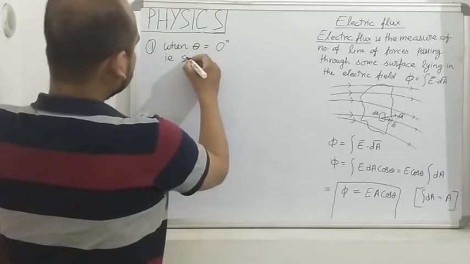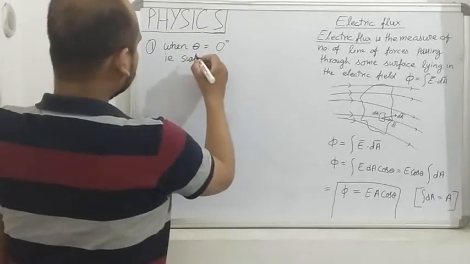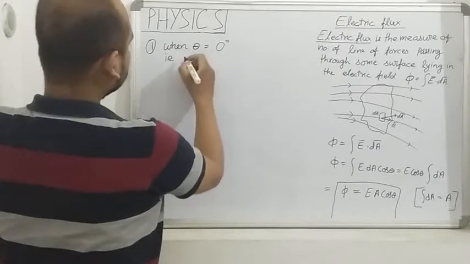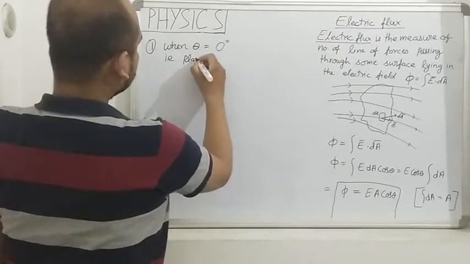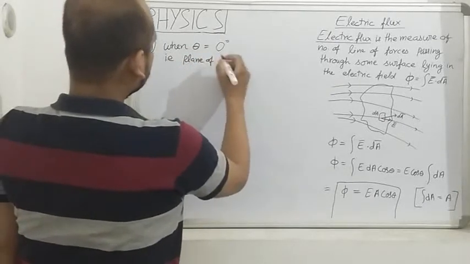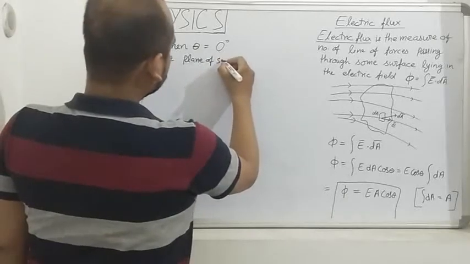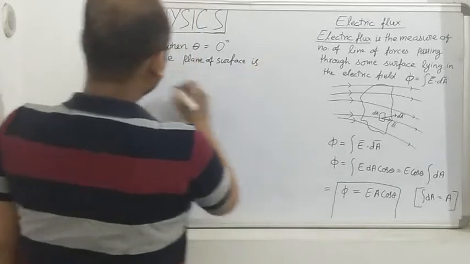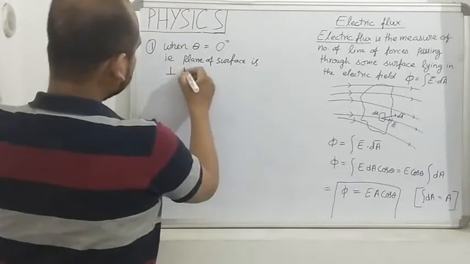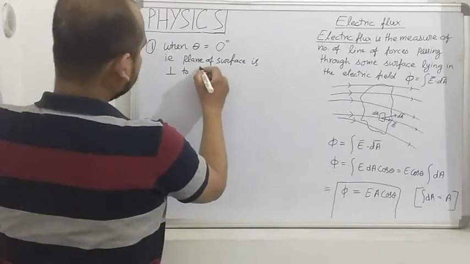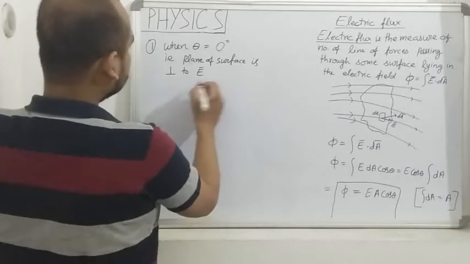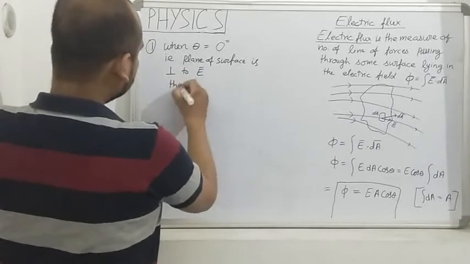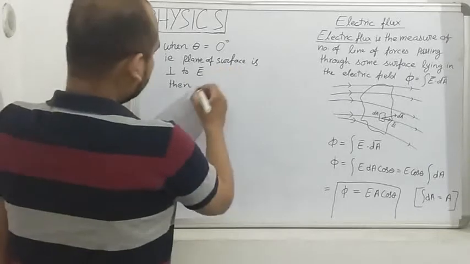So when theta is equal to 0, that is, the plane of the surface is perpendicular to the electric field, then what will happen?